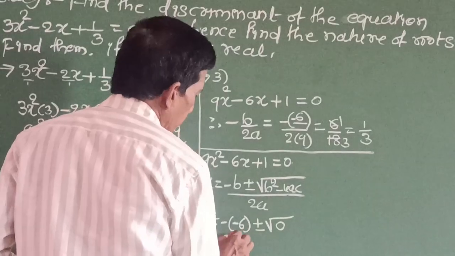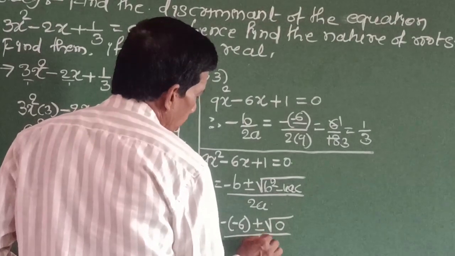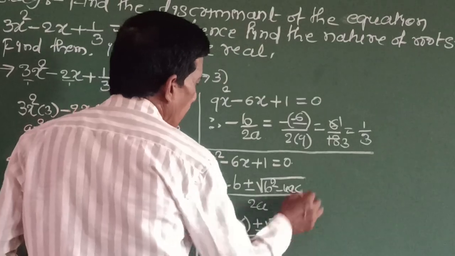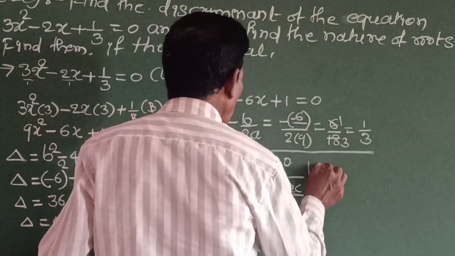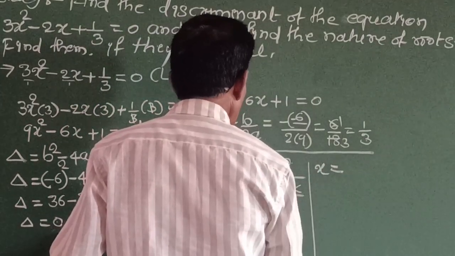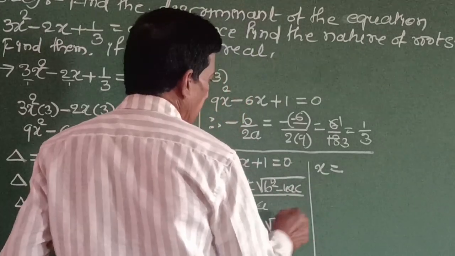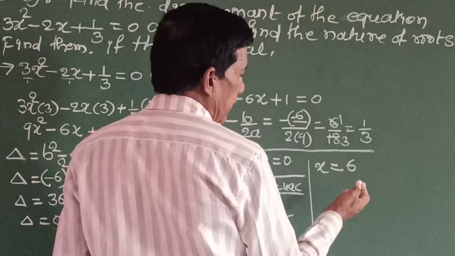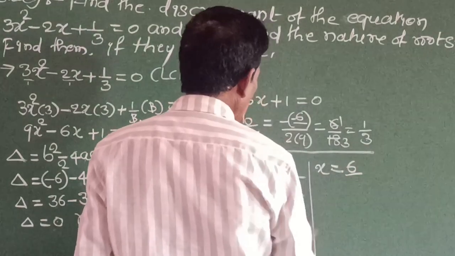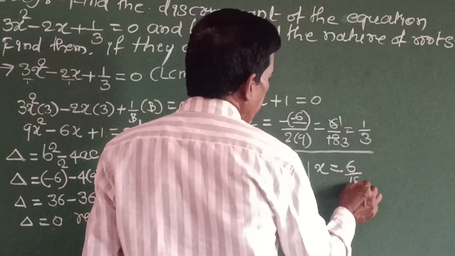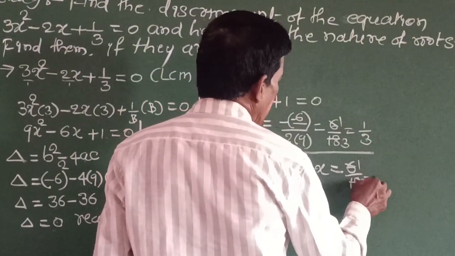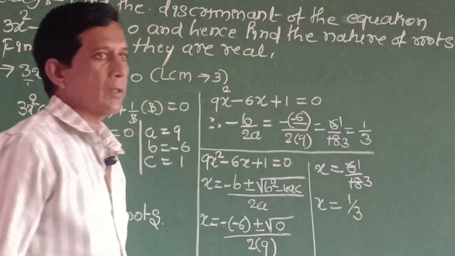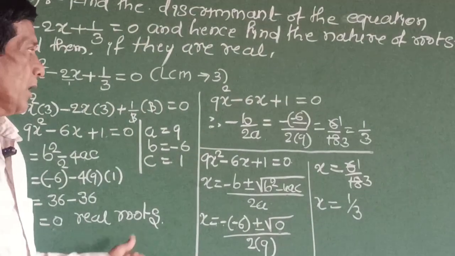So it is 0 by 2a, where a is 9. Therefore x equal to minus of minus 6, that is plus 6, plus or minus 0, and 2 nines are 18, 6 ones are 6, 3 threes are 18, so x equal to 1 by 3.